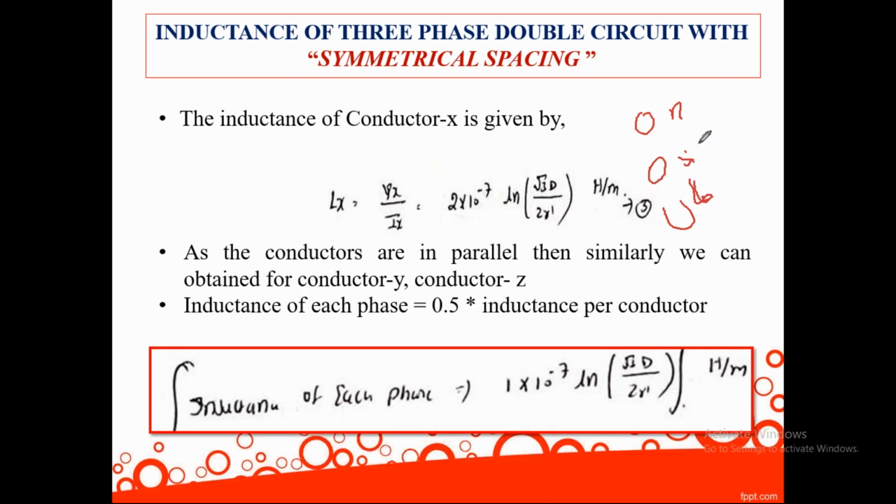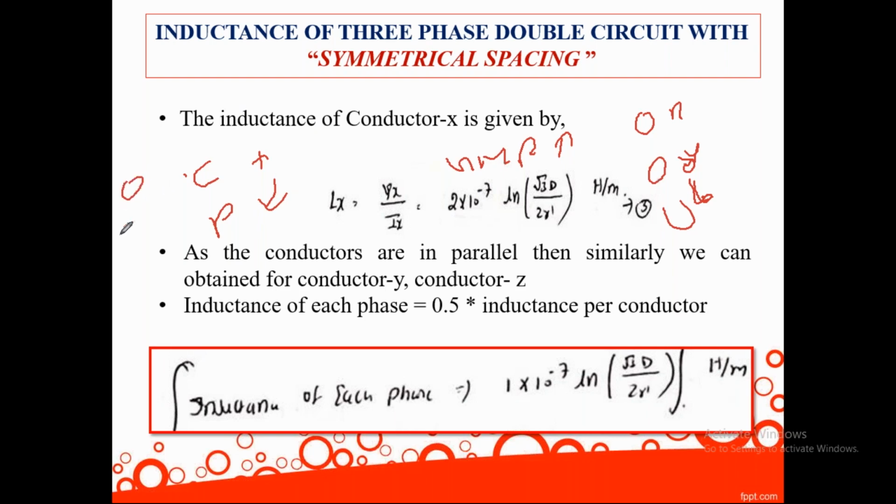So for reliability to increase, what should we do? We should increase the GMR, sorry, GMR should be increased. So for increasing GMR we have only one condition. What is the condition? The distance between the conductors will be more, and the distance between the phases will be less. If we give this kind of connections, then we can reduce the GMR value.